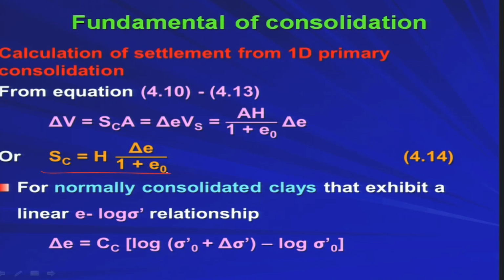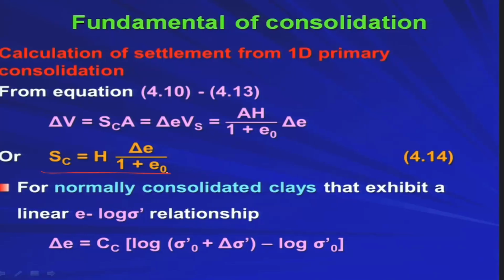This is the expression by which I can find the primary consolidation settlement in any soil deposit. You need to know the initial void ratio e naught, the volume change, that is the change in void ratio delta e, and the initial thickness of the soil deposit. If you know these three parameters, you can find the consolidation settlement S C.